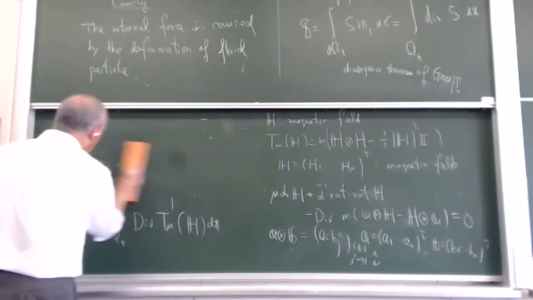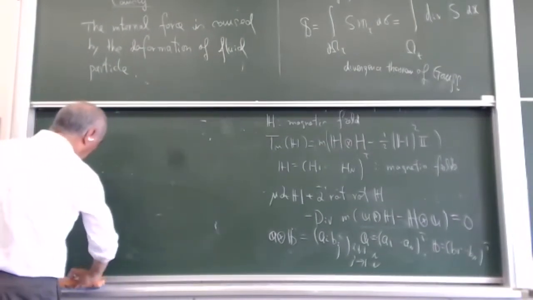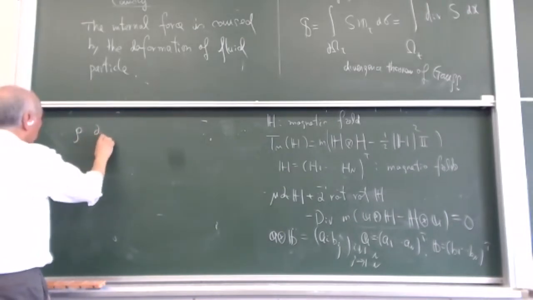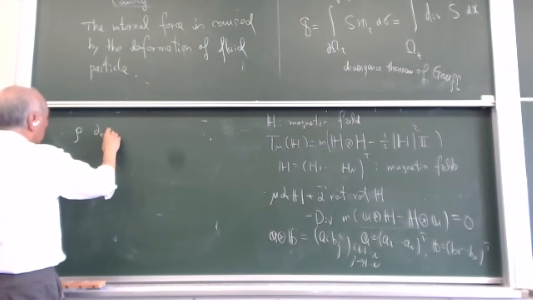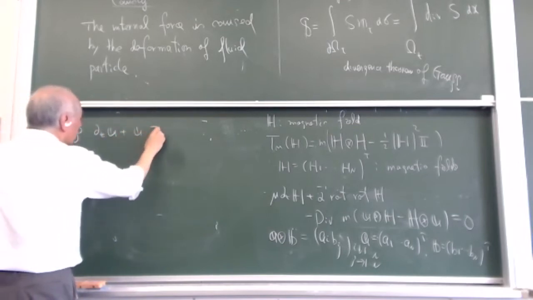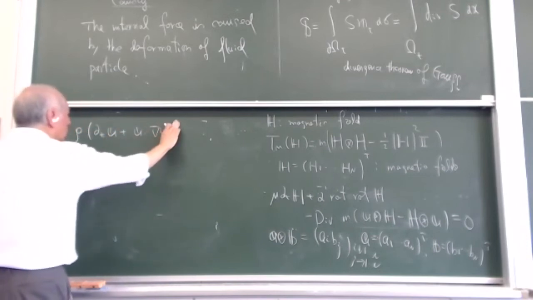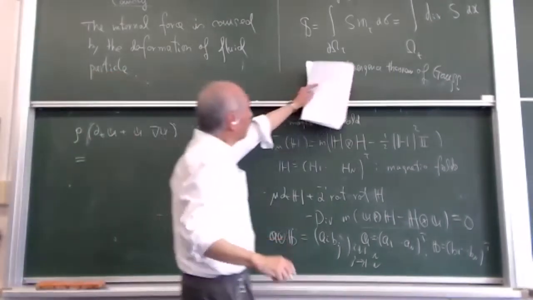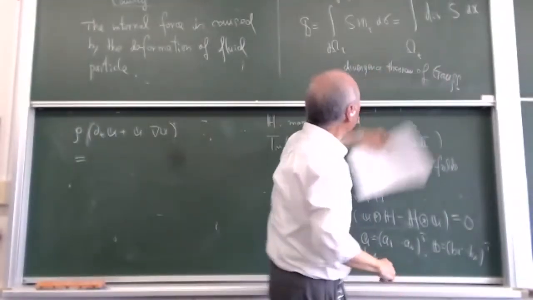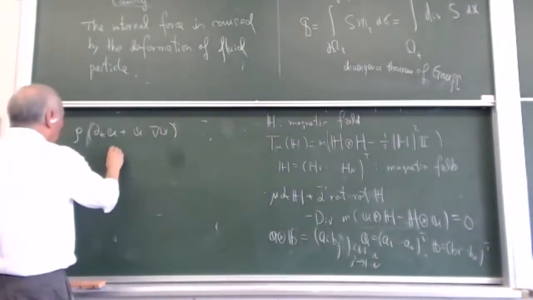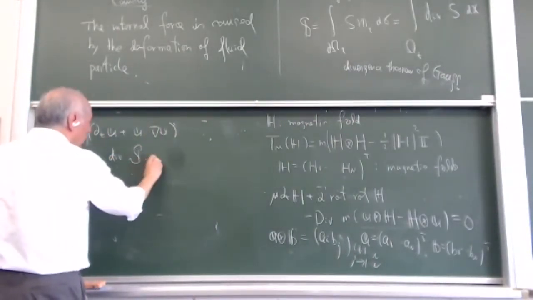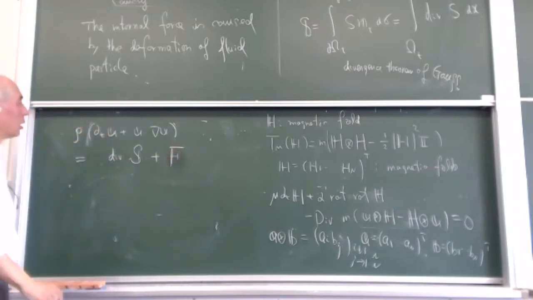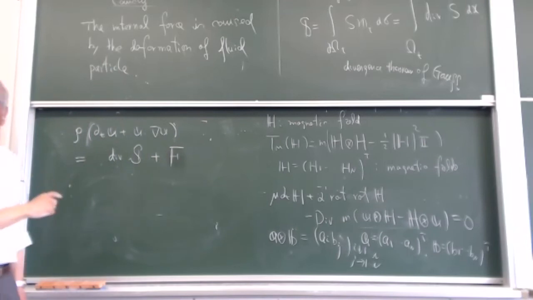If you remember the Euler equation, the equation of motion, the momentum, you take out this integration over T, and then you have some divergence. This is the equation of momentum.